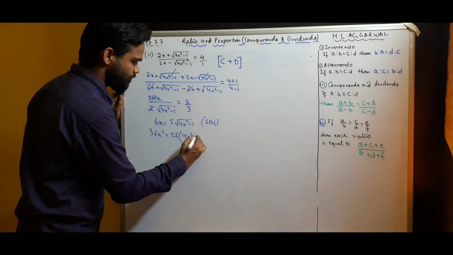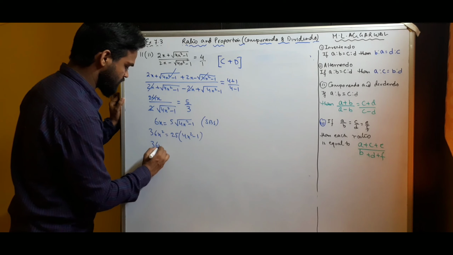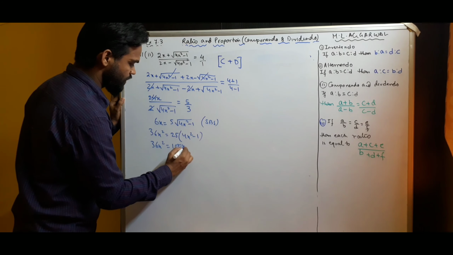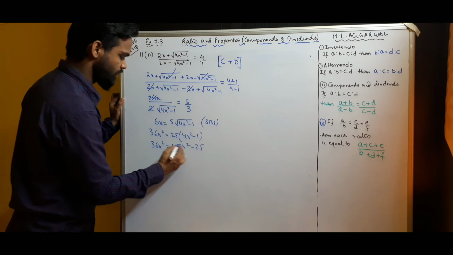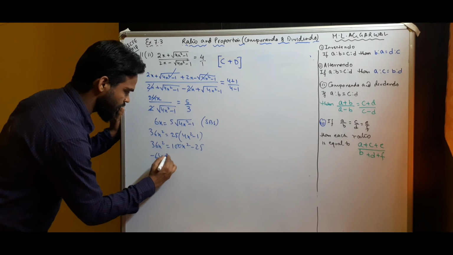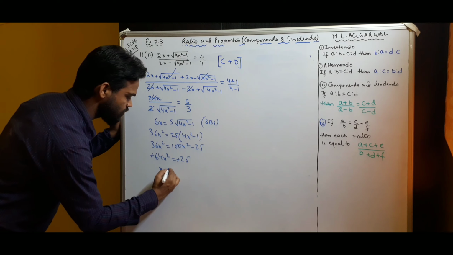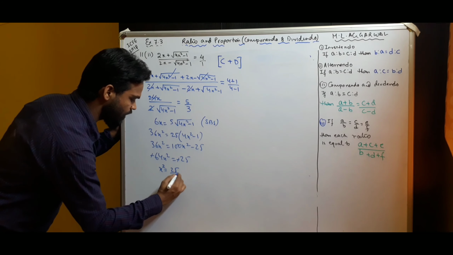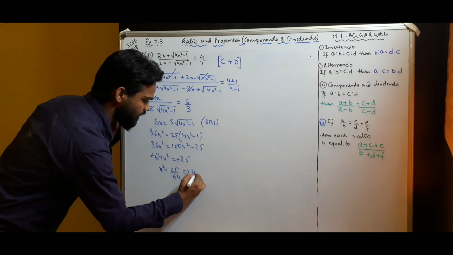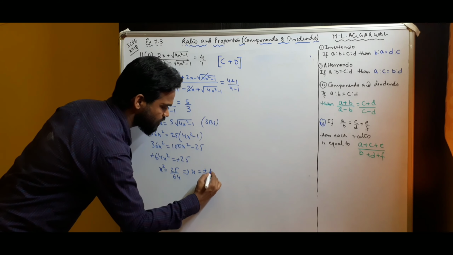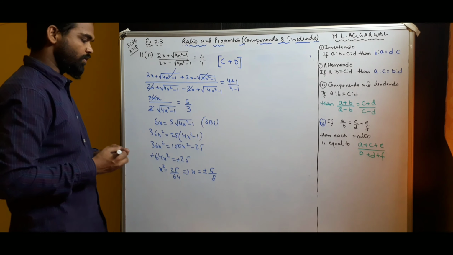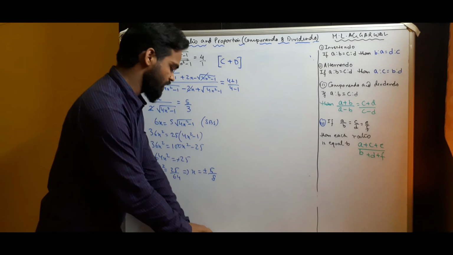The root goes away, so 36x² equals 100x² − 25. Bring it on this side. 64x² equals 25, which means x² equals 25 by 64, which means x equals plus minus 5 by 8. Now we got two answers, plus minus 5 by 8.